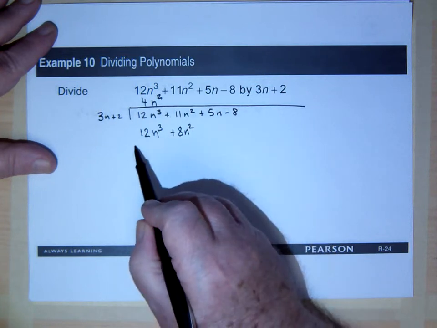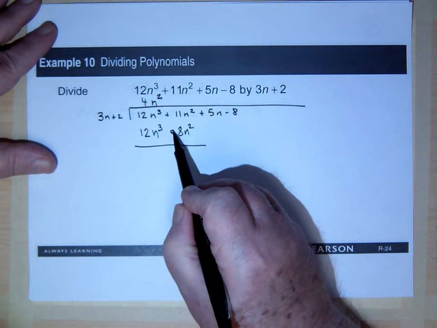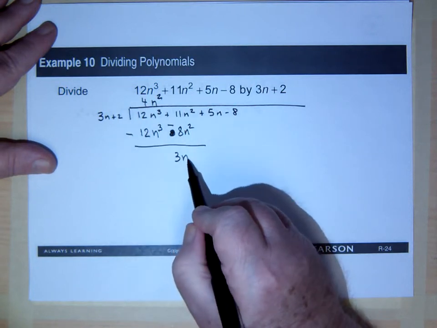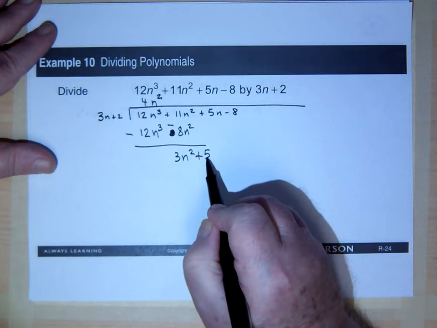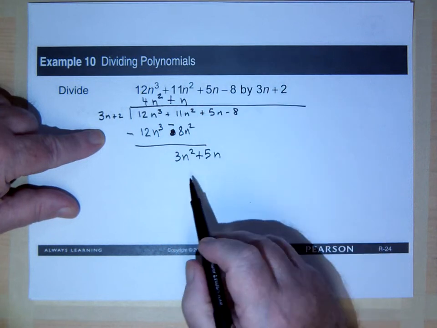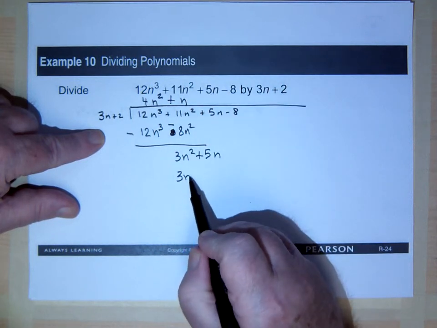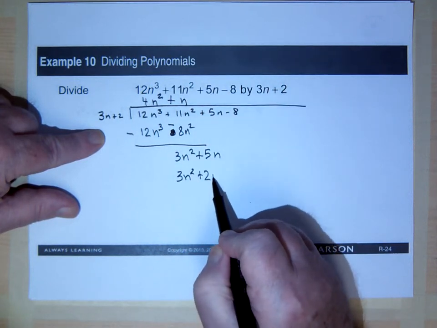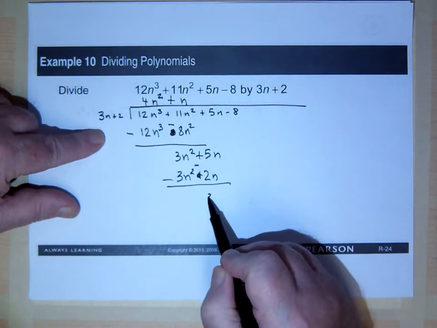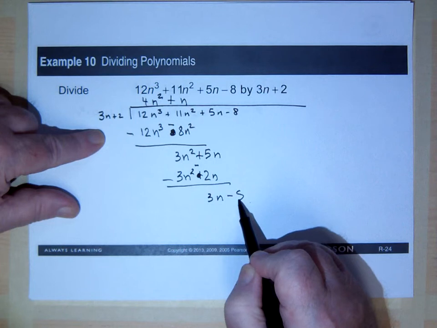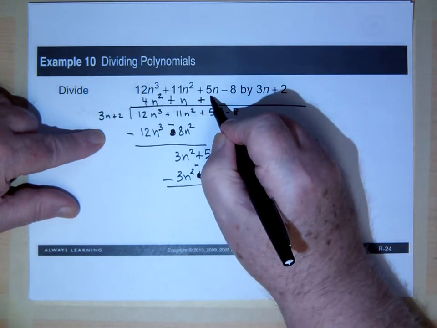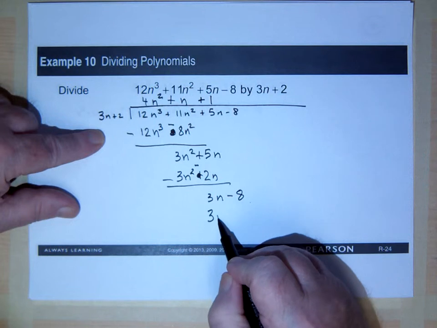Now I'm going to subtract. When we subtract, we change the signs of the bottom numbers and add. It's going to be 3n squared plus 5n. 3n will go into this one time. That will be 3n squared plus 2n. We subtract by changing the signs of the bottom numbers. Get 3n minus 8. So this will go in there one time. That is 3n plus 2.